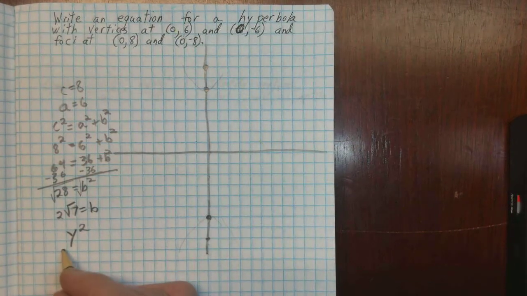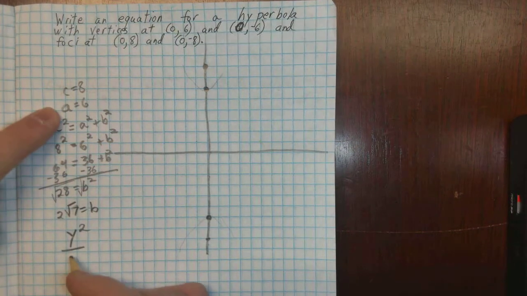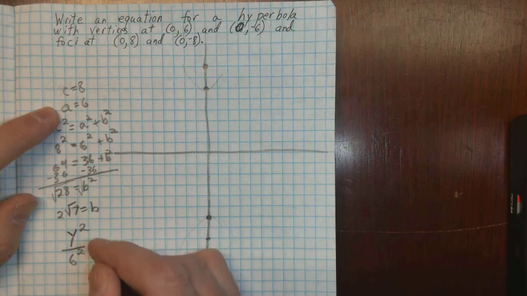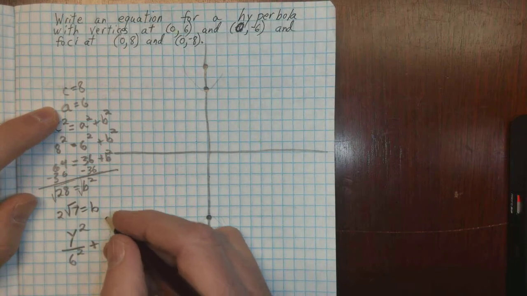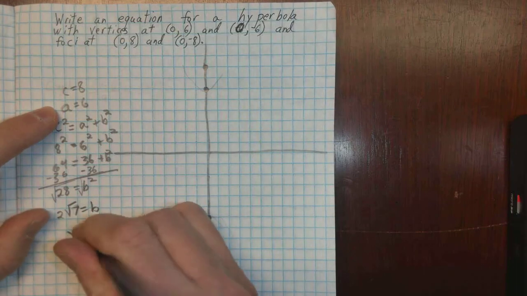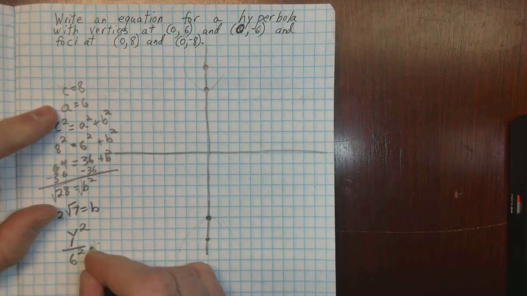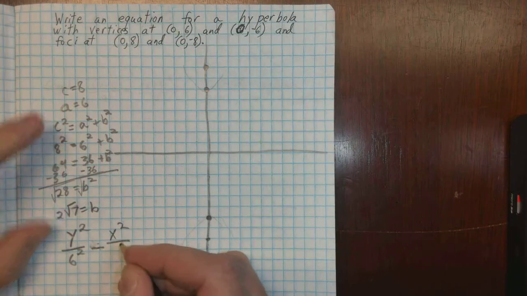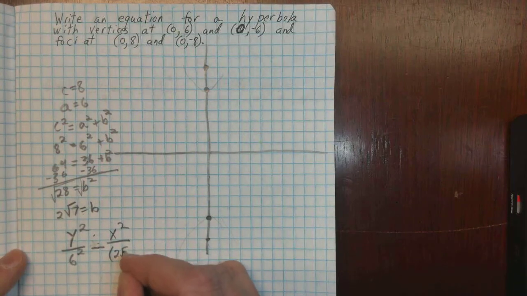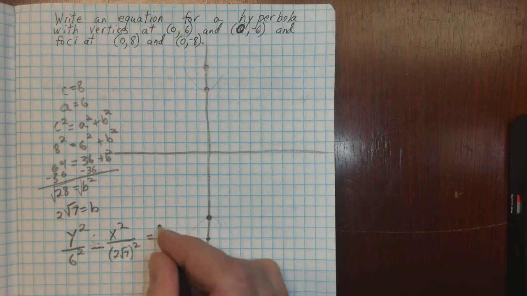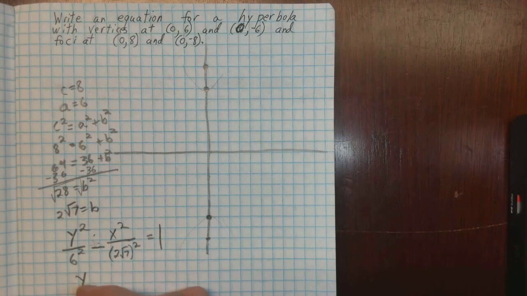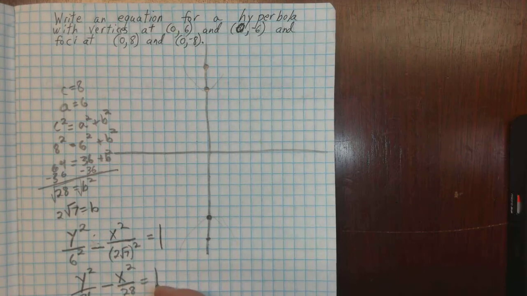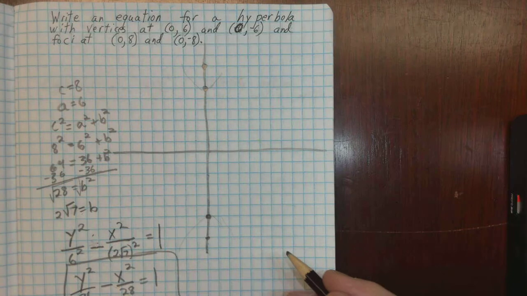So y squared comes first over a squared, 6 squared, minus x squared over 2 radical 7 squared equals 1. It looks a little better if we square that stuff. y squared over 36 minus x squared over 28 is equal to 1. And that's all it asked for.